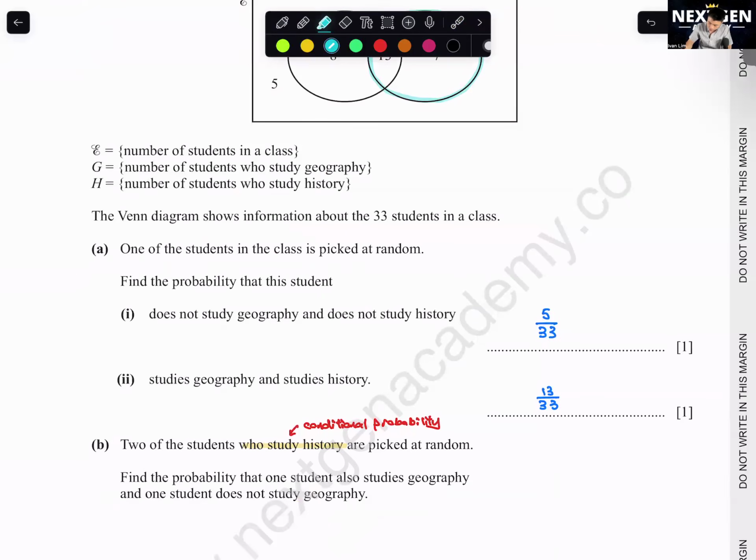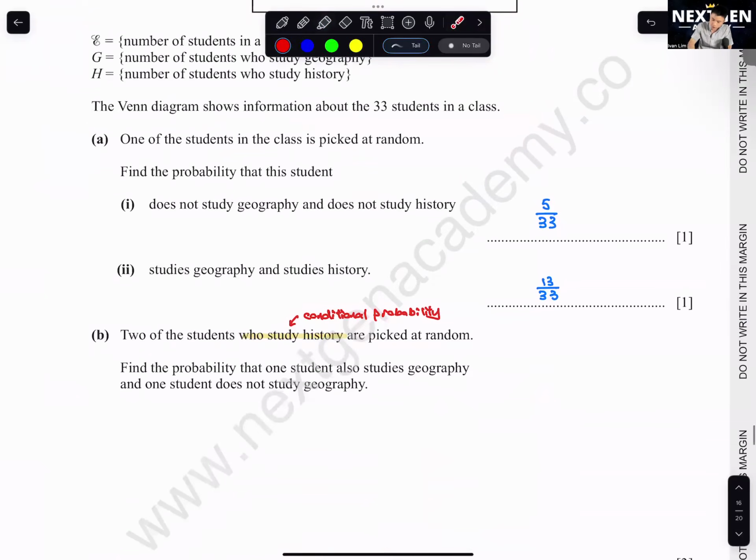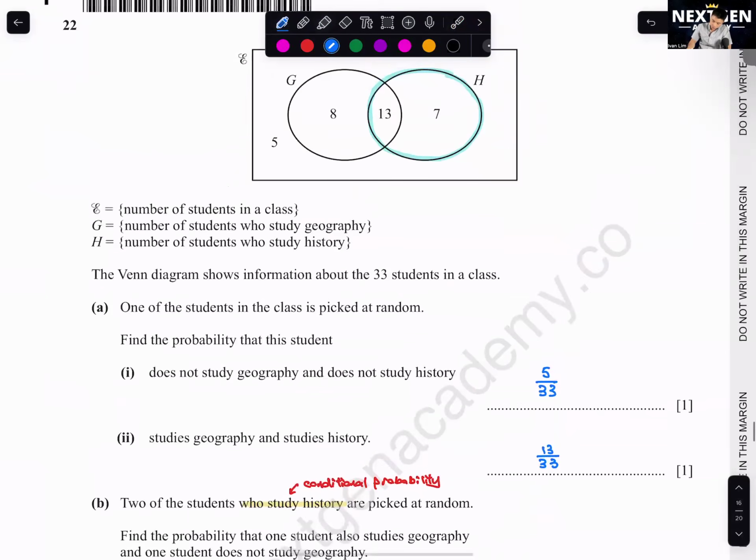Find the probability that one student also studies geography and one student does not study geography. So that means one is from here, one is from here. How do we do it? We need to think about all the possible scenarios. One student studies geography, one no geography.